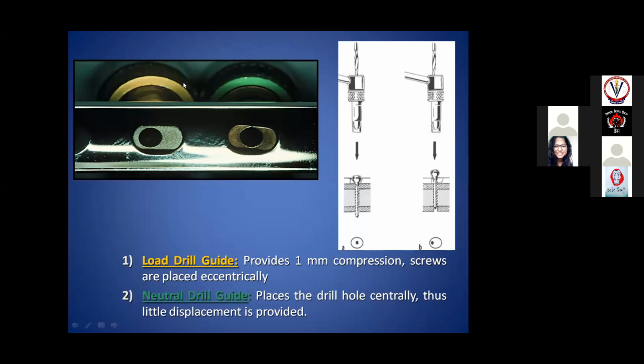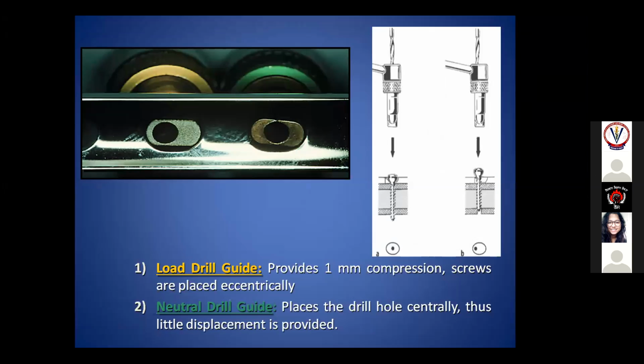Okay, if you want to use compression, you should use a loaded guide. If you want to use the plate as a buttress or neutralization, you should use the neutral guide. That is the basic difference of using a plate as a compression plate or a neutralization plate. If you want to use it as compression, you should use a loaded guide. If you want to use it as a simple neutralization plate, use a neutral guide.